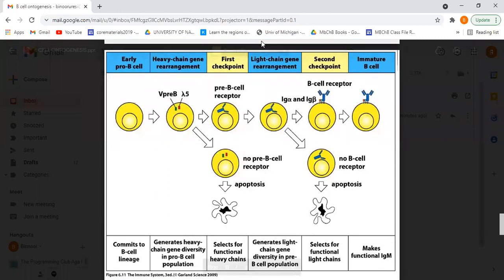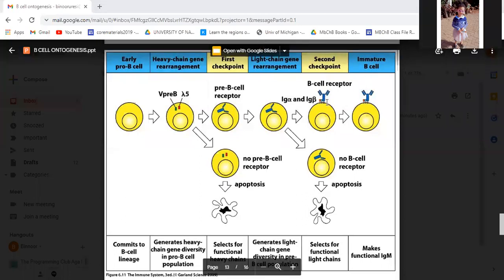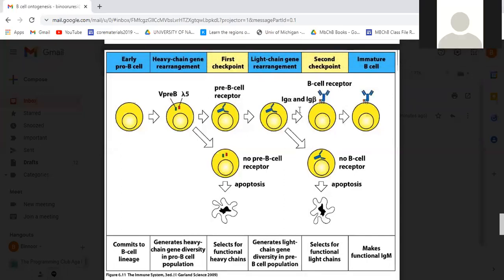This is a very critical slide because it is synonymous with the T cell ontogenesis. Now, in the early pro-B cell, we have mentioned the heavy chain gene rearrangement. And what happens, there is participation of two proteins, the mu heavy chain and the surrogate light chain proteins.